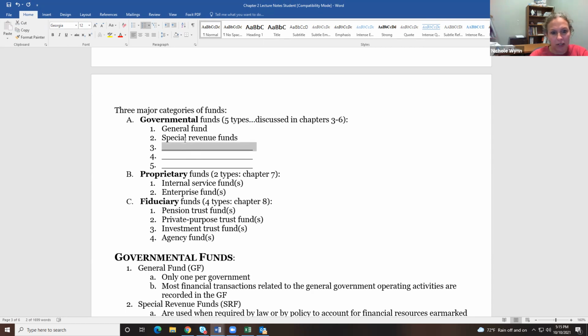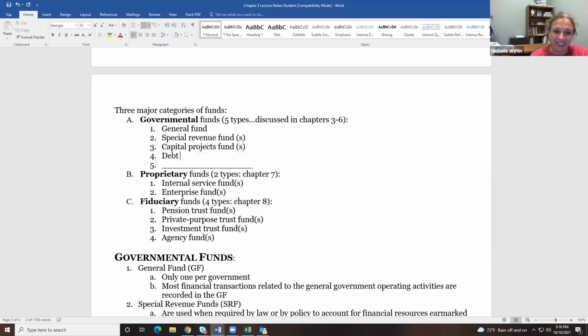Special revenue fund, let's see, a capital projects fund. And there could be more than one of these. And so like here, there could be one or more than one. You can have multiple capital projects going on at the same time, like fixing Kellogg could be like a capital projects fund that's been going on for like 20 years.